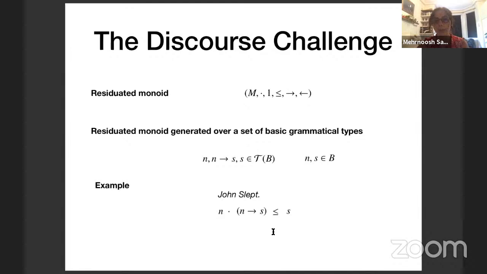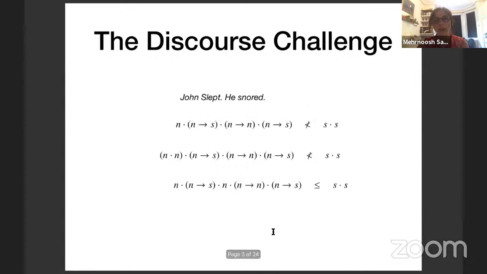But if you go from the level of isolated sentences to discourse, where you have a collection of sentences that are related to each other via phenomena like anaphora, ellipsis, question answering, dialogue, then this setting is going to fail. I would like to say drastically, but it will fail. Why? So consider a very simple discourse.